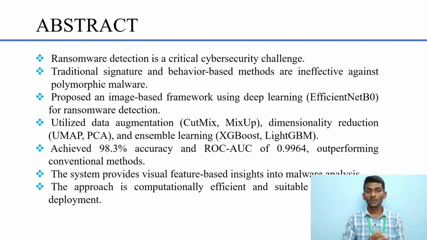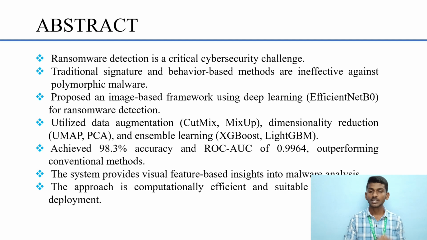So we proposed an image-based framework using deep learning with EfficientNet B0 for ransomware detection. EfficientNet B0 is a pre-trained model on ImageNet, a large data set. We use the pre-trained model here to compare both the ensemble and EfficientNet B0.